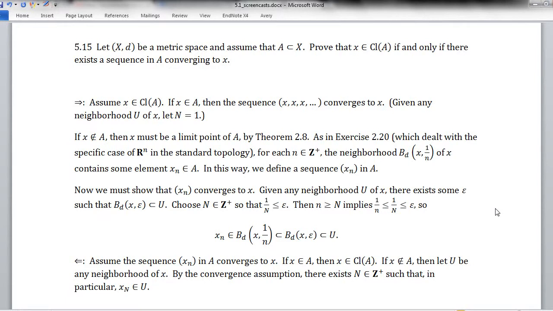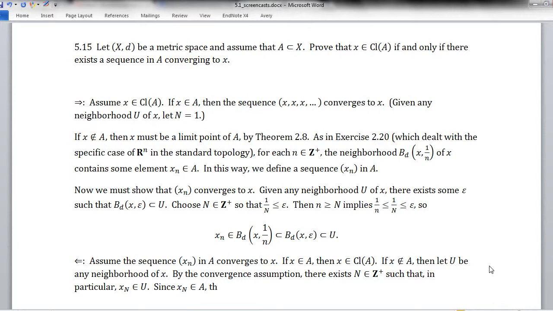This entire sequence we said is contained in A, so in particular x_N is in A. Well, we took any neighborhood of x and we've found an element of A which is contained in there, which is not equal to x, since x is not even in A itself.